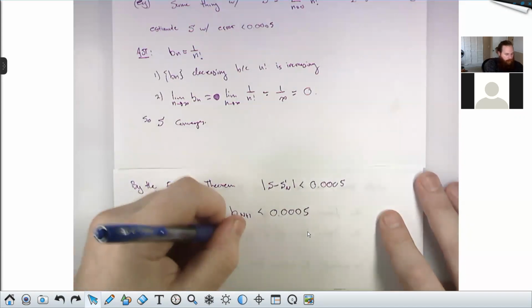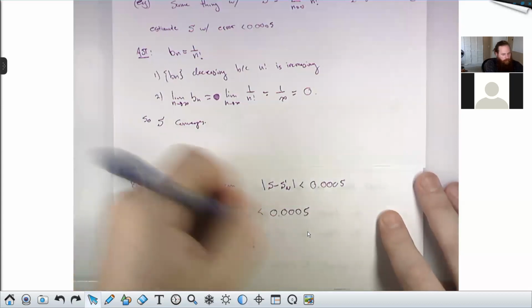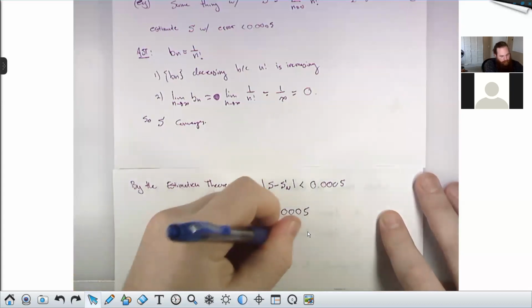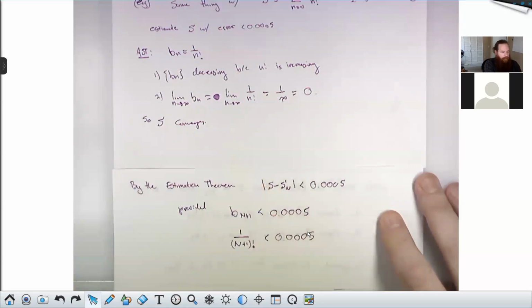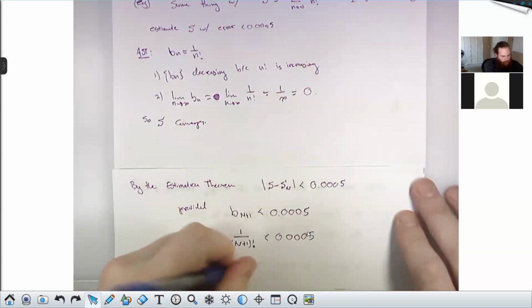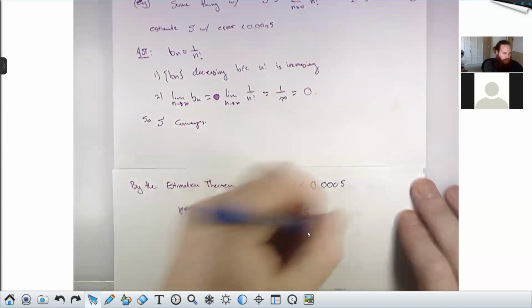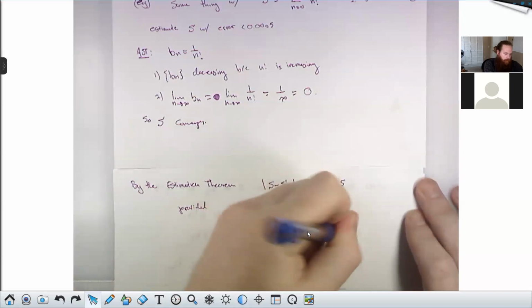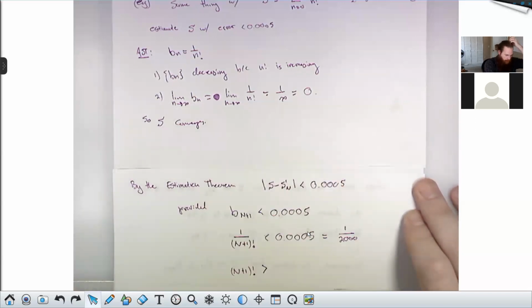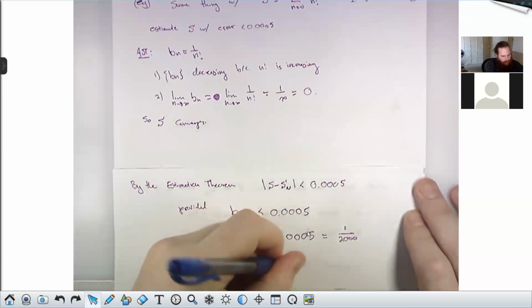This is the same as saying 1 over n plus 1 factorial is less than 0.0005, which is the same as saying n plus 1 factorial is greater than 2000, since 0.0005 is 1 over 2000.